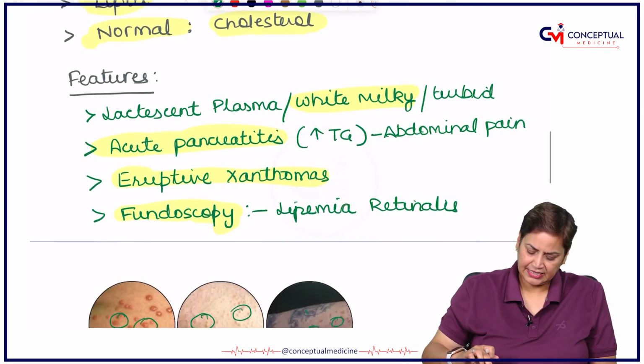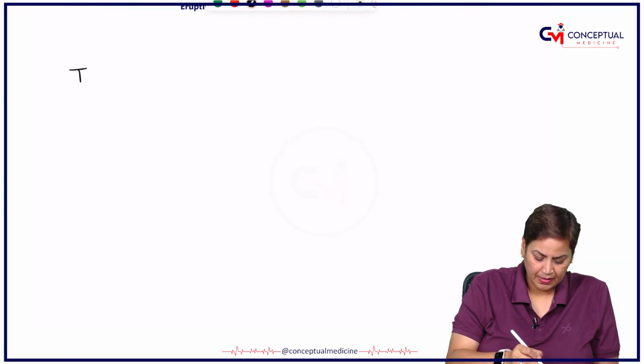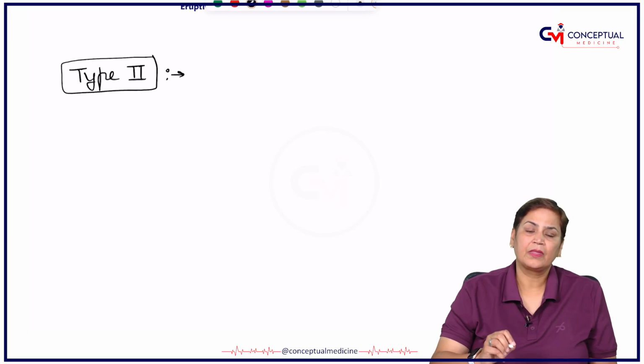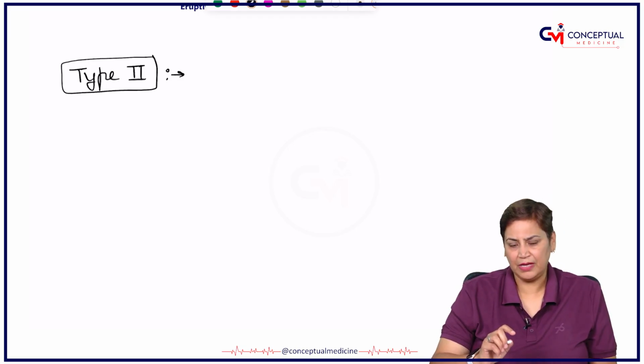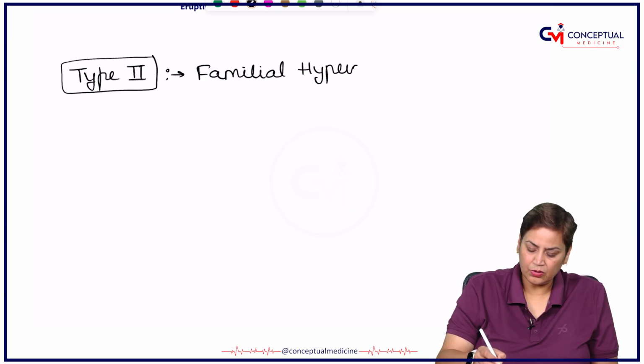Then next is type 2. Now type 2, I told you, is known as hypercholesterolemia or familial hypercholesterolemia.